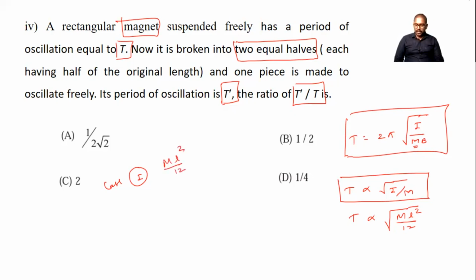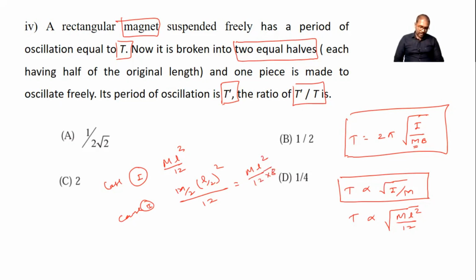In case 2, the mass is half, so m by 2, and the length is also half, so L by 2 square divided by 12. So I can write m L square by 12 into 1 by 8. This is the moment of inertia.